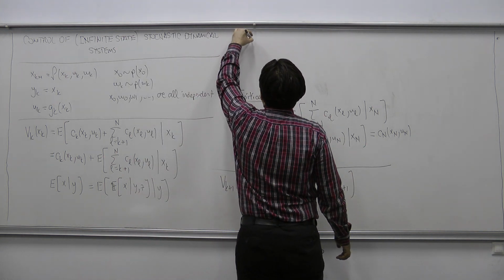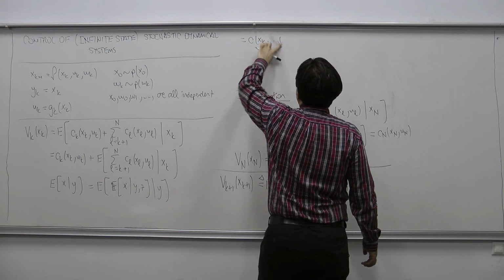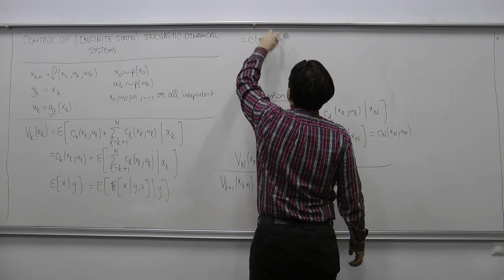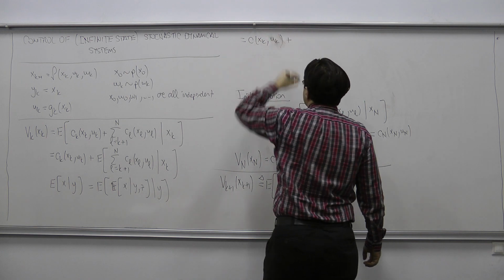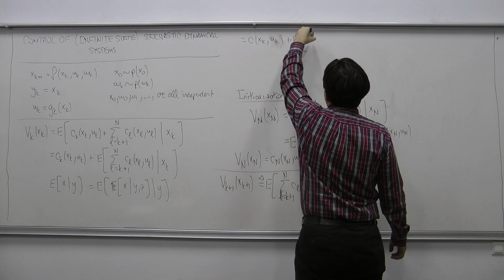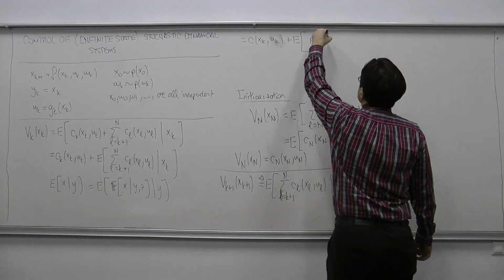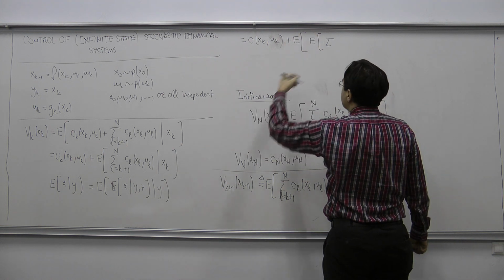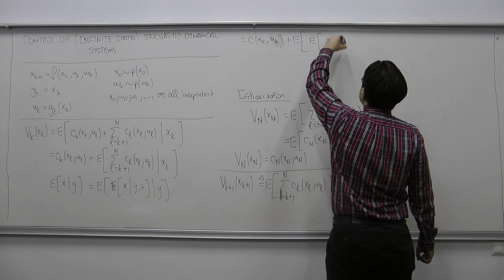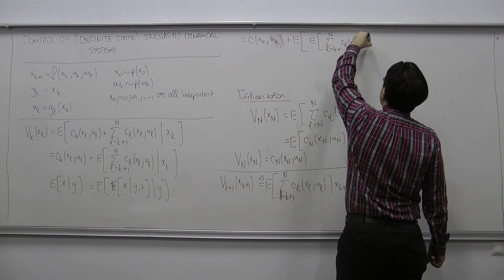So I would have ck, xk, uk still here, plus expected value. I would have another expected value here, and whatever is inside there, I would put here as well: L from k plus 1 to n, CL, XL, UL.